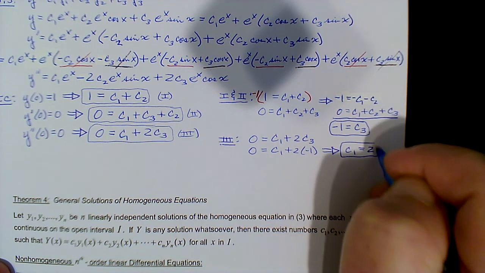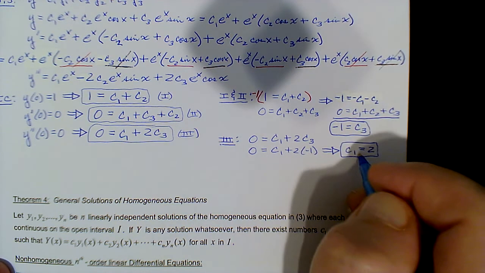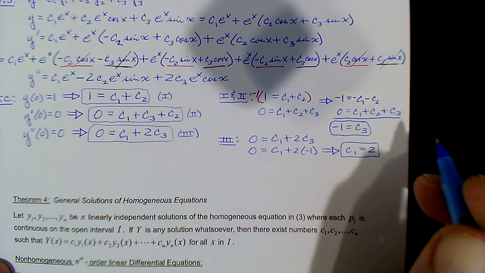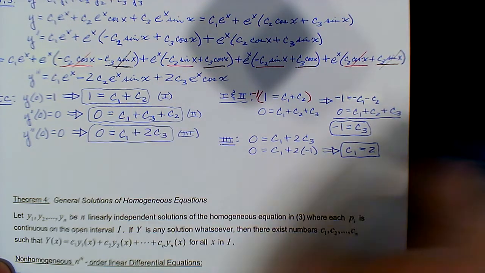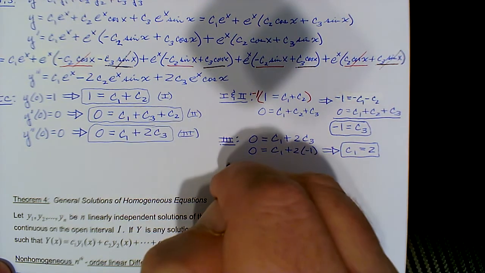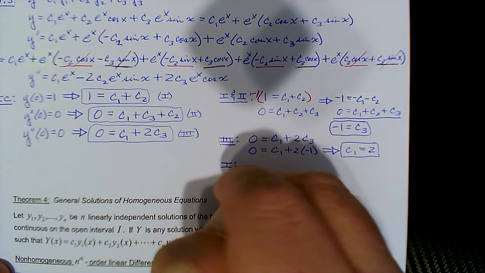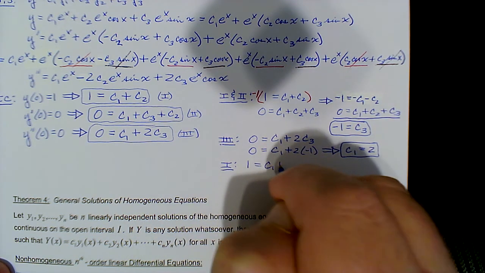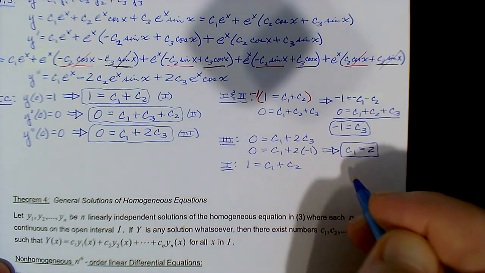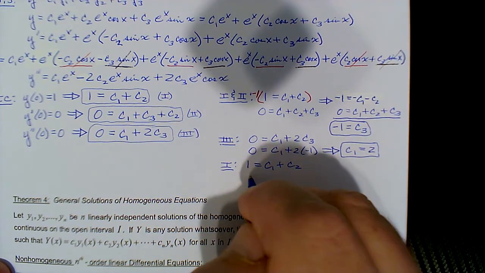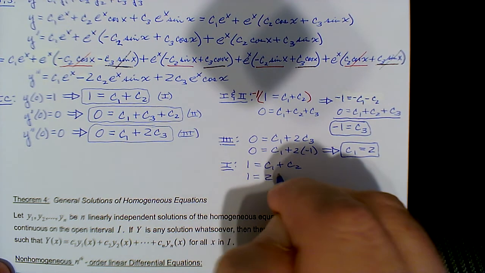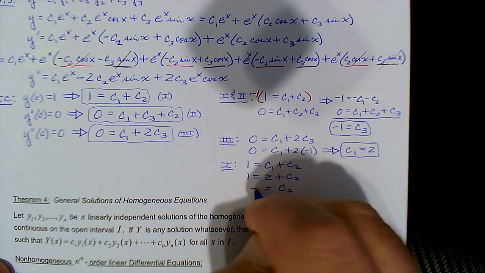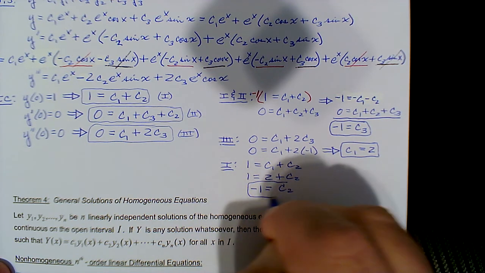And then we'll go back to equation 2. Actually, I can go back to equation 1 again, or 2, doesn't matter. Let me go to 1. 1 equals, because all I have left to solve for is C2. So 1 equals C1 plus C2, so 1 equals 2 plus C2, and C2 would be a -1. Okay, so there's the three constants.